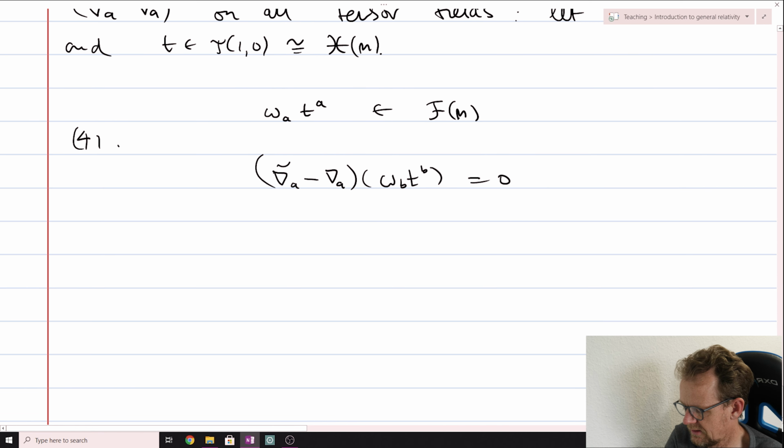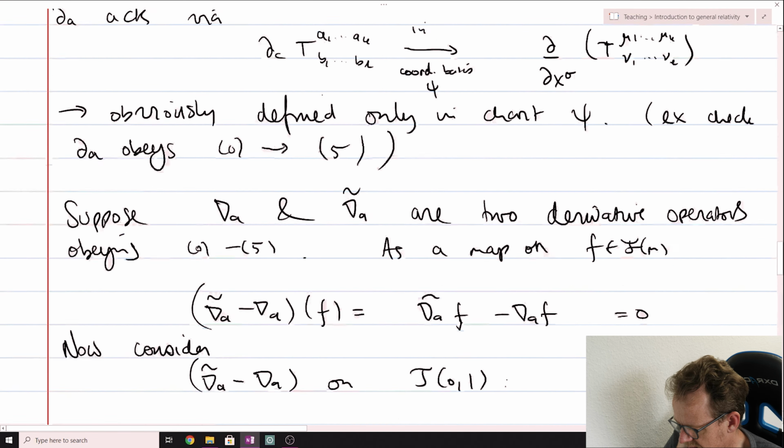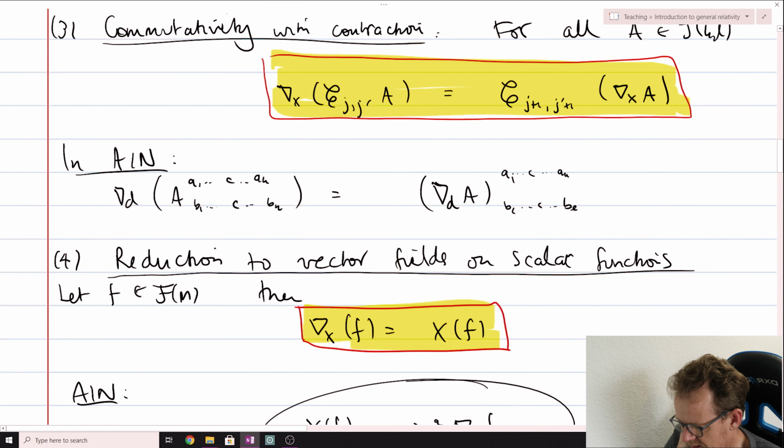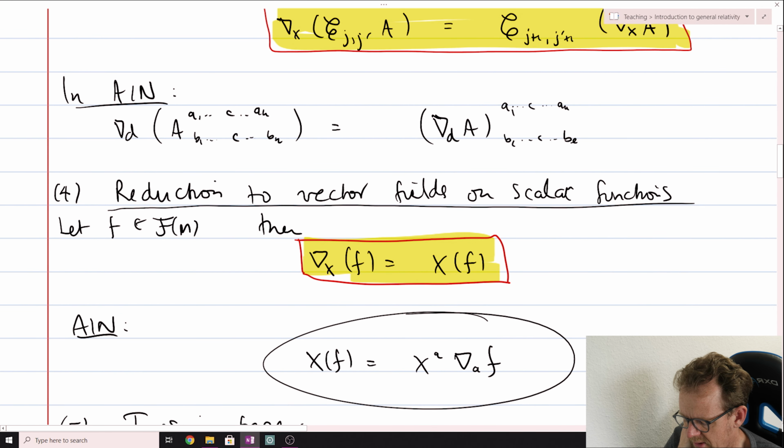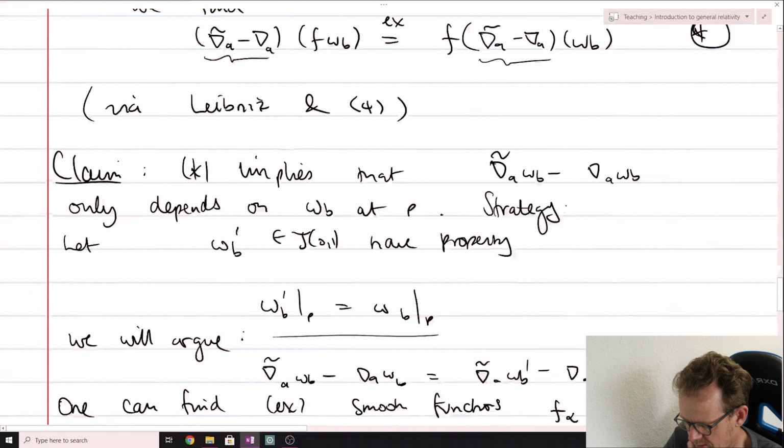Sorry, 4 isn't commuting with contraction. No, 4 is reduction to scalar functions. I apologize, I got confused here. So condition 4 is that a derivative operator reduces to a vector field on a scalar function. Condition 3 is commutativity with contraction, and that's what we're about to use now.